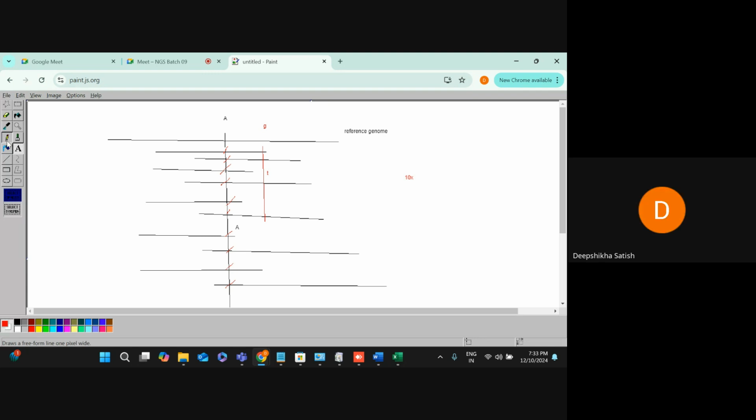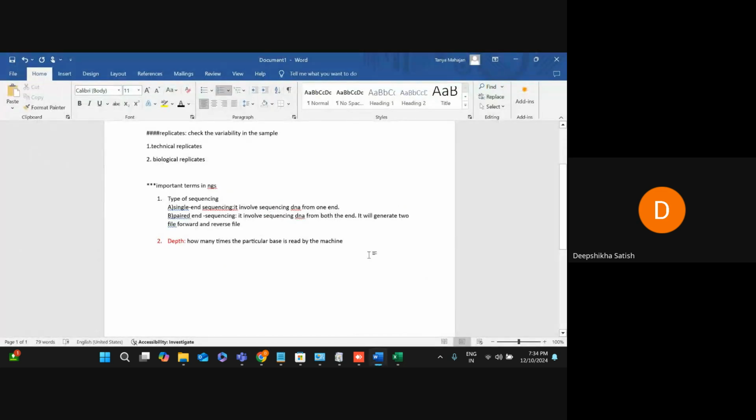Yes, sir. That is 4. So you can see 1, 2, 3 and 4. 4 times the T was read by the machine. So here for the T, depth would be 4x. Got it? The depth word? Yes, ma'am.